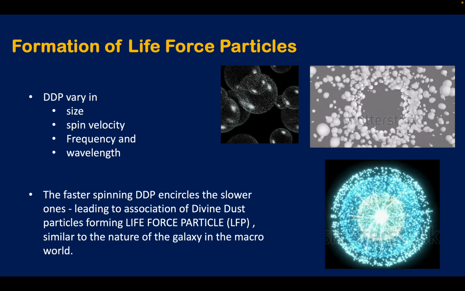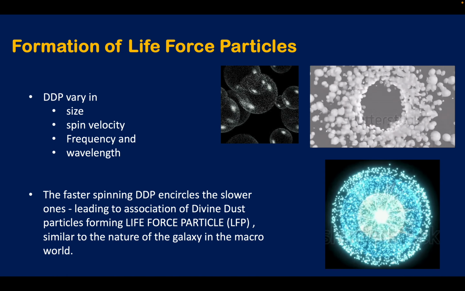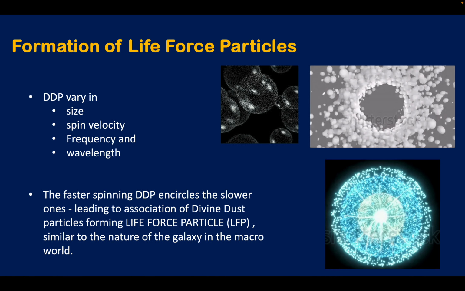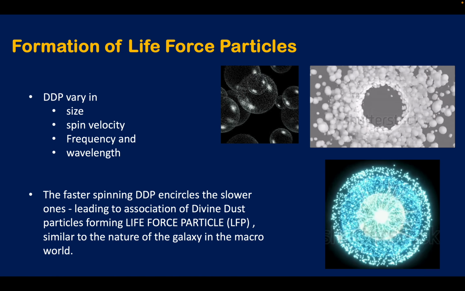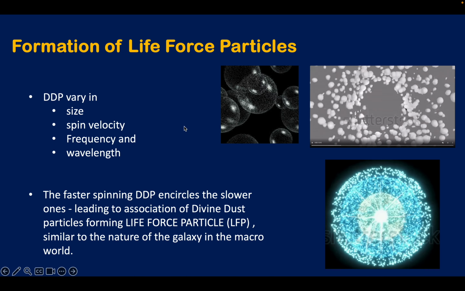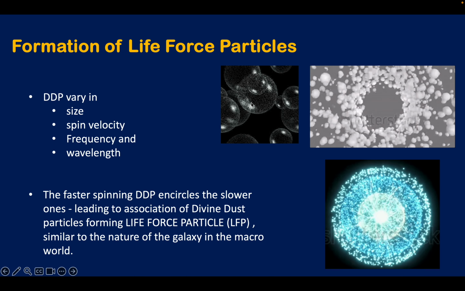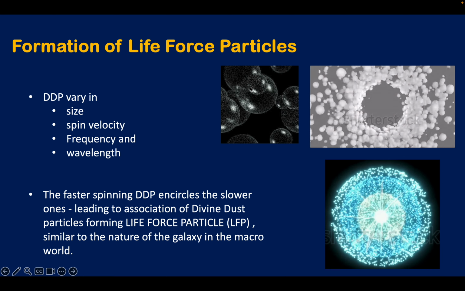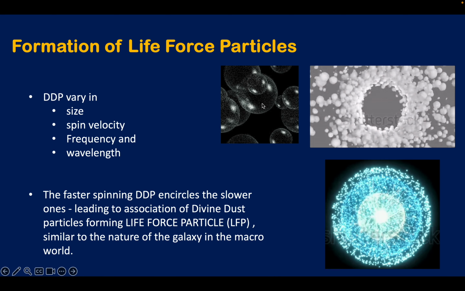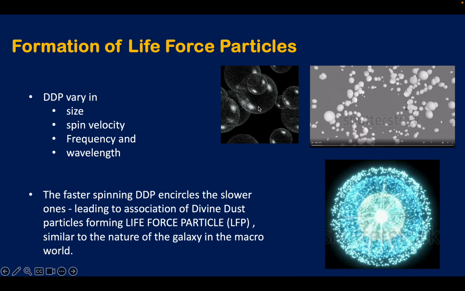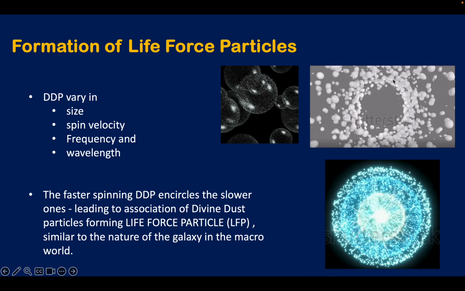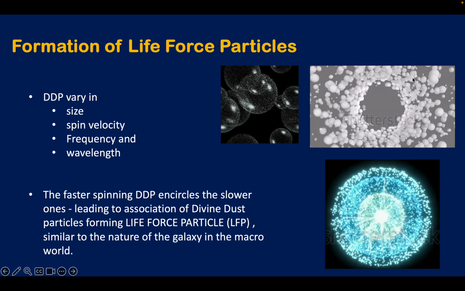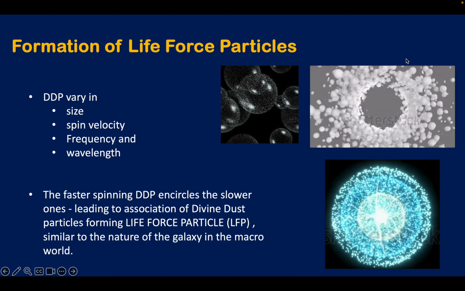How does the life force particle form from these divine dust particles? As you can see from the top left picture, the divine dust particles vary in the size, spin velocity, frequency, and wavelength. When they start spinning, the faster spinning divine dust particle encircles the slower one.